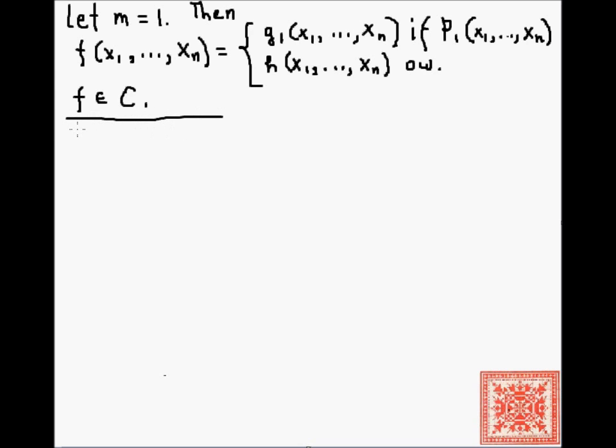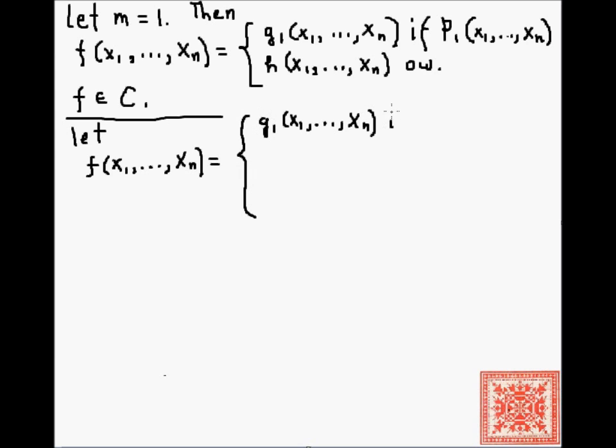So inductively, let's assume that the statement is true for m, and let's consider the case of m plus 1 g's and p's. Remember, the p's are pairwise mutually exclusive.